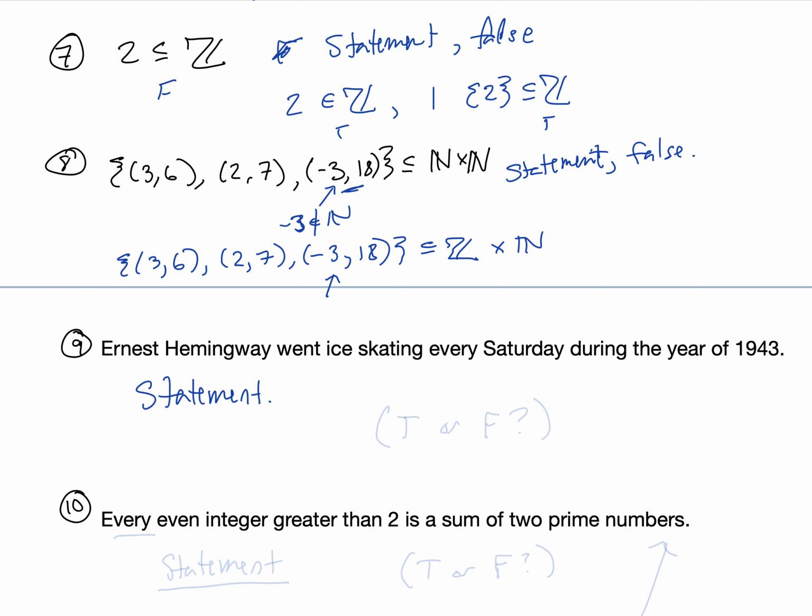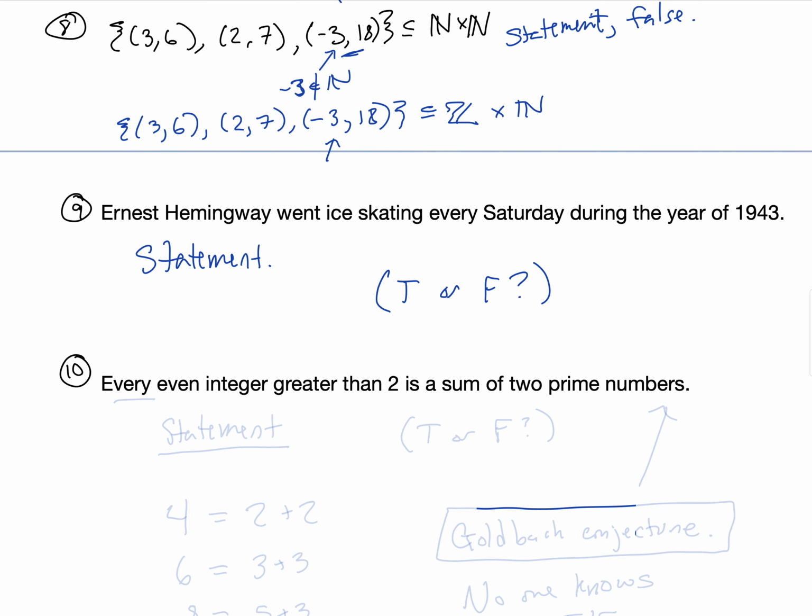Either Ernest Hemingway did go ice skating every Saturday during the year of 1943, or he did not. So not knowing whether it's true or false does not prevent it from being a statement. As long as it either must be true or must be false, it is a statement.